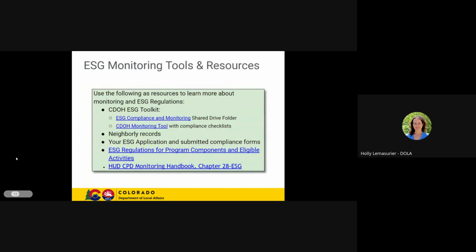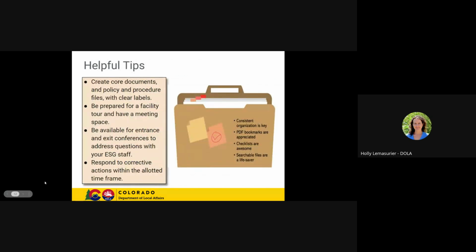If you know that we'll be preparing a site visit, be sure to have a tour and meeting space prepared. We will go over the client access to your services as well as the on-site habitability and access requirements. Also be available for an entrance and exit conference with your ESG grant manager.